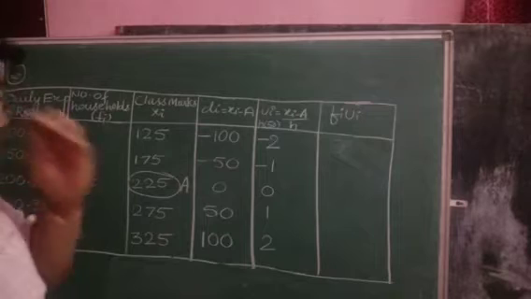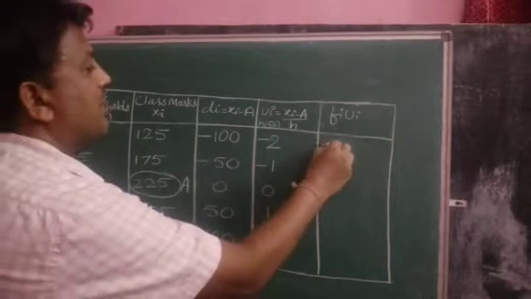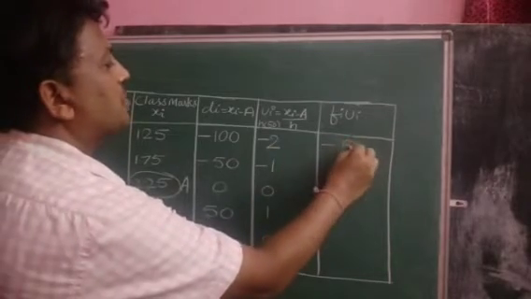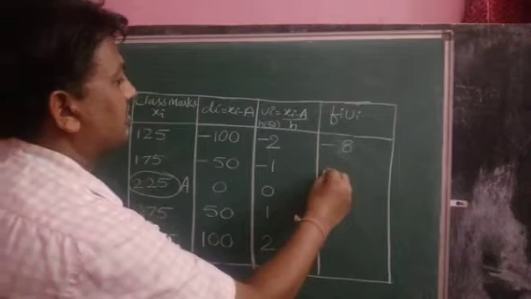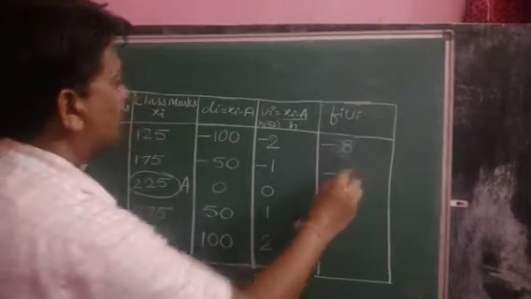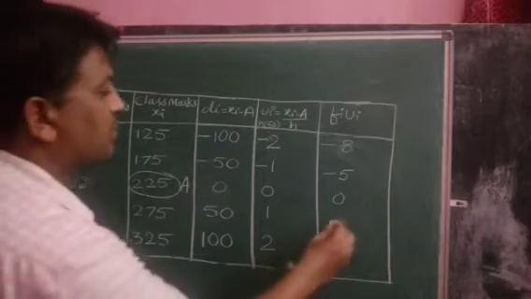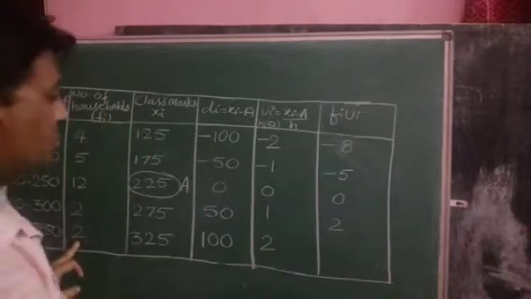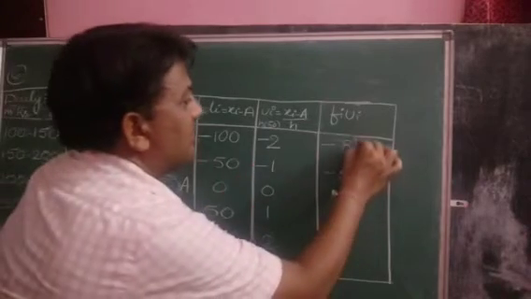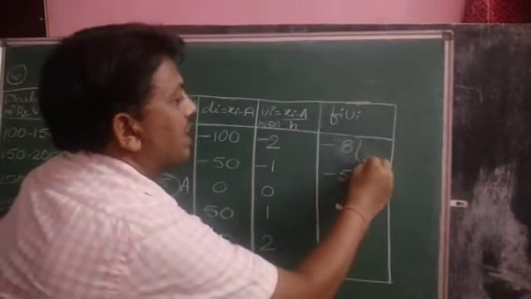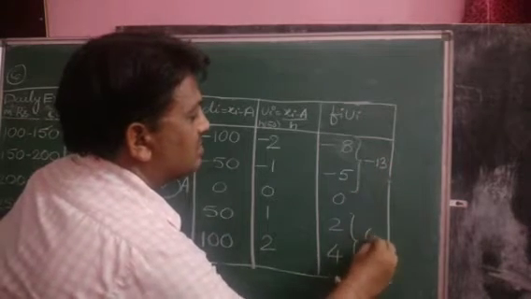What was fi? 4. 4 into minus 2 is minus 8. 5 into minus 1 is minus 5. 12 into 0 is 0. 2 into 1 is 2. 2 into 2 is 4. So, simple small numerals. Negative numbers add up to minus 13 and positive numbers to 6.